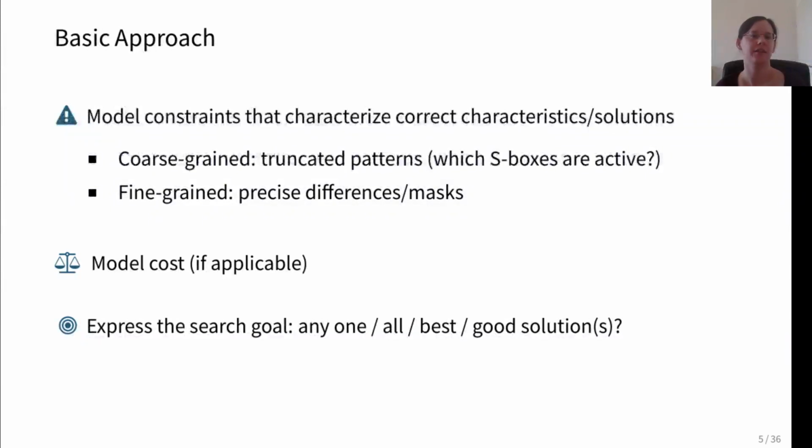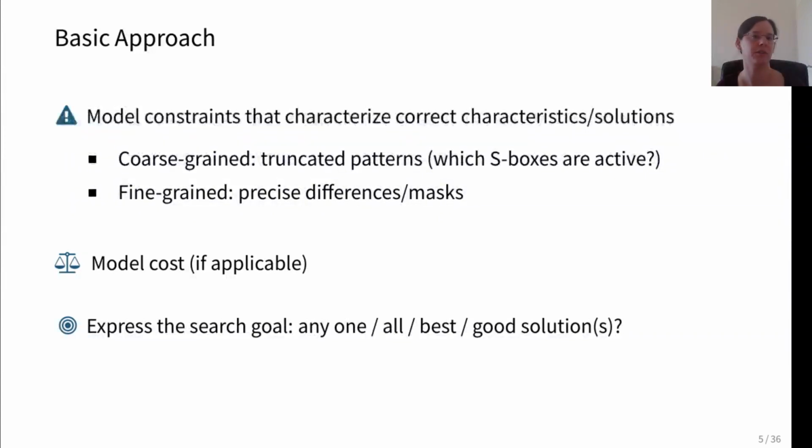Valid here meaning it doesn't have probability 0, but it has some non-zero probability. Or in the linear case, it would mean a linear characteristic that does have a bias. An unbiased solution would not be useful. So we need a way to characterize which characteristics are okay, which can be done on different levels of granularity.